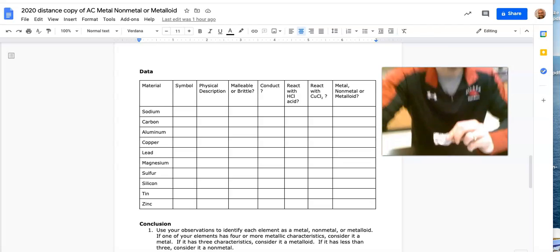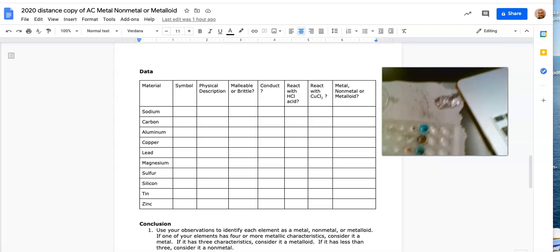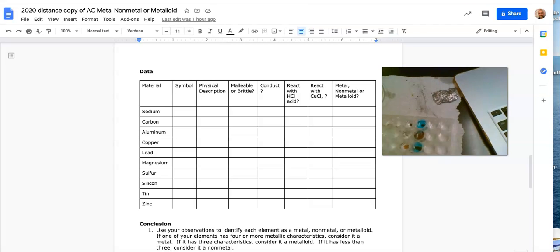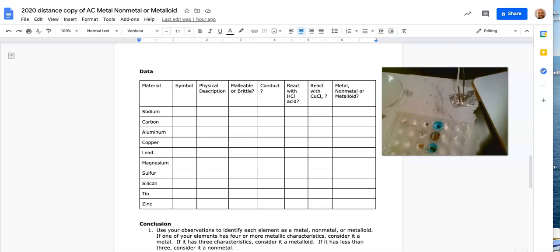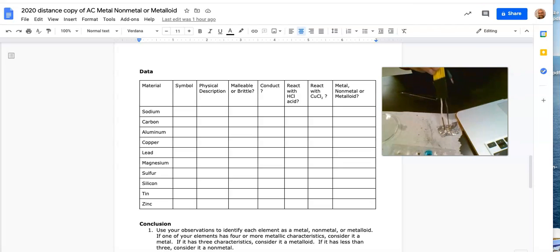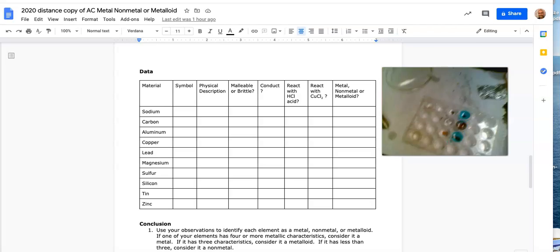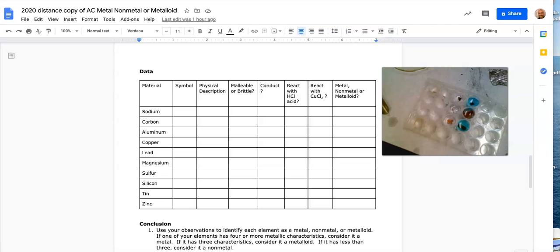Is it a conductor? Let's see if it is. Here we go, the tester's going on. And it also got lit. It is a conductor. How does it react with hydrochloric acid and copper chloride? Let's take a look. Here's a little chunk going in there.